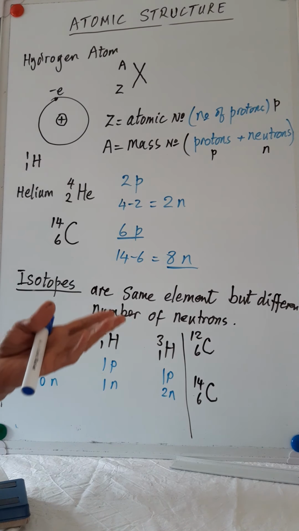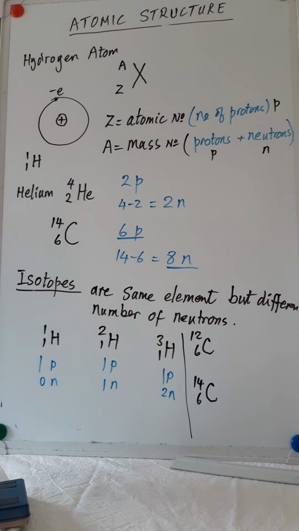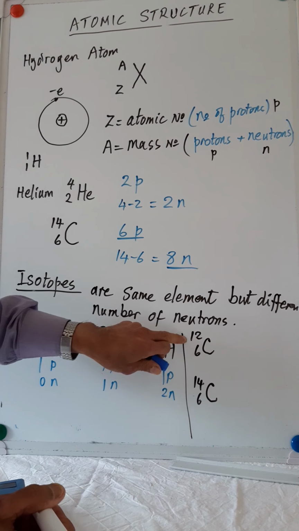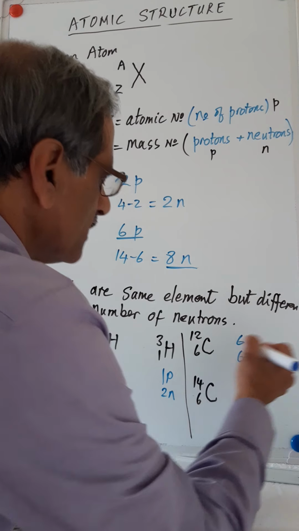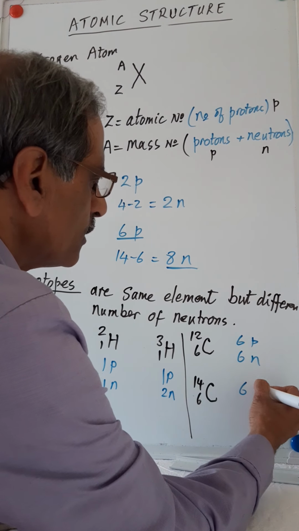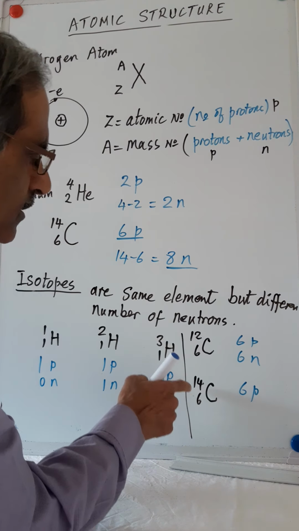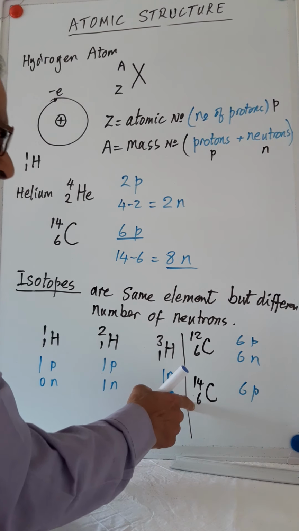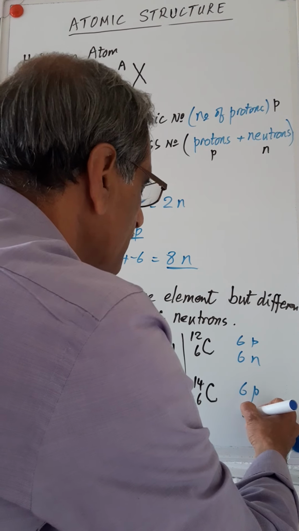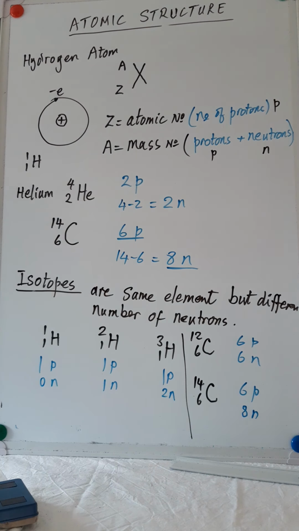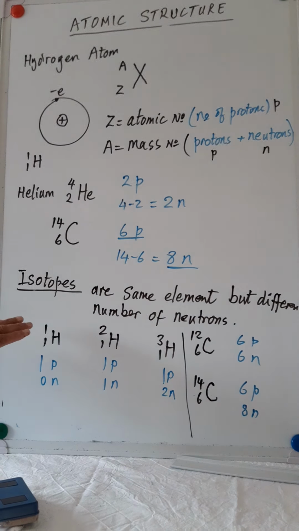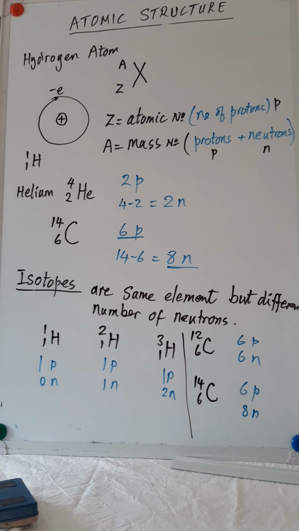It doesn't matter how many neutrons it's got. This one has 6 protons and 6 neutrons. This one has 6 protons, and 14 take away 6 is 8 neutrons. So these are the two isotopes of carbon, and these are isotopes of hydrogen.